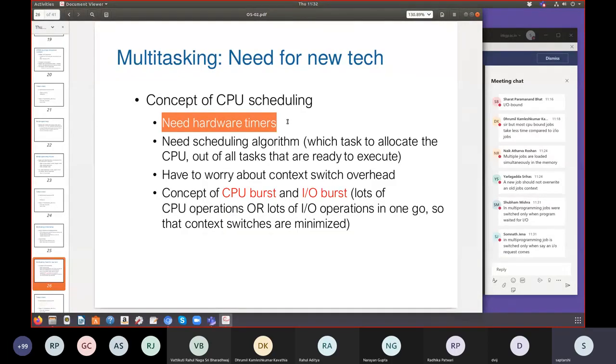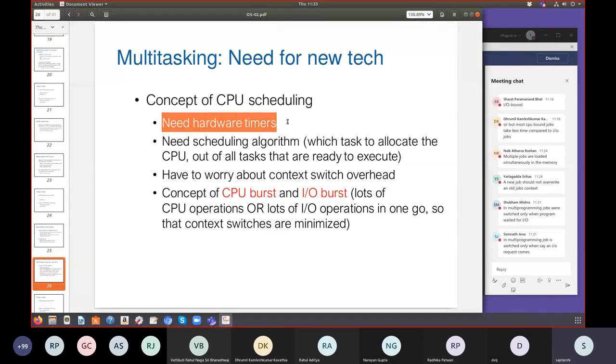Say we are talking about 10 milliseconds, right? 1 second divided into 100 units, 10 milliseconds is each unit. So after one job has executed for 10 milliseconds, someone should arrange that this job is switched out and another job is allocated to the CPU. So someone should keep track of time. So you need hardware timers.